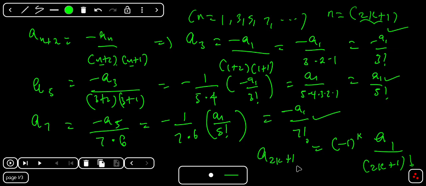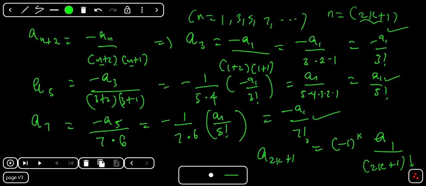When n is 1, you're going to have a3. When n is 2, you're going to have a5. When n is 3, you're going to have a7, and so on and so forth. So that's the general term for the odd coefficients.